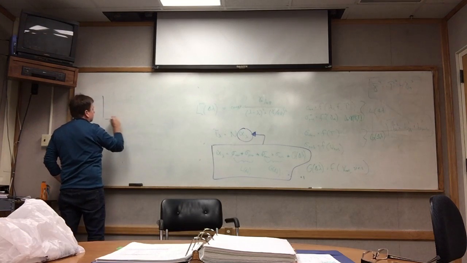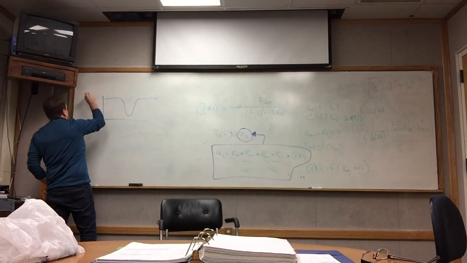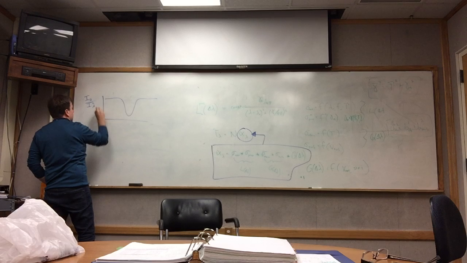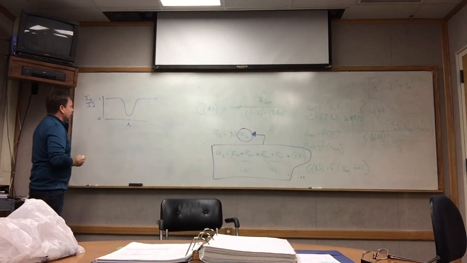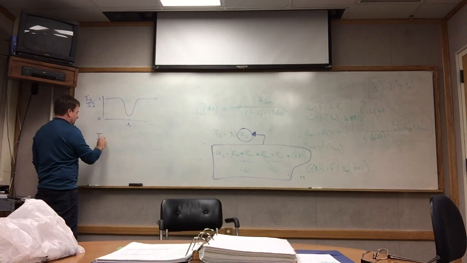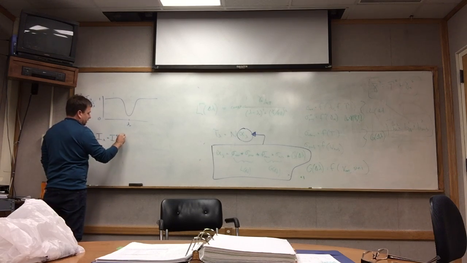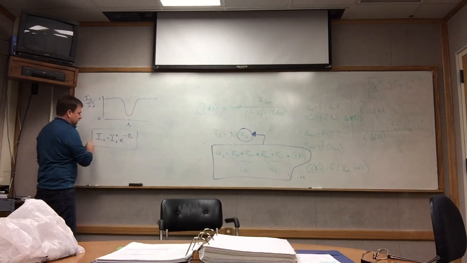Line profile, looks something like that. So once you get tau, your model is given by that.